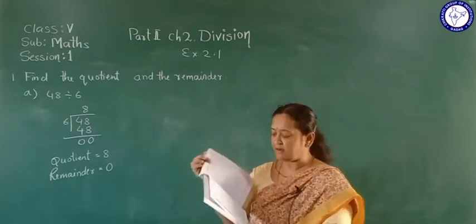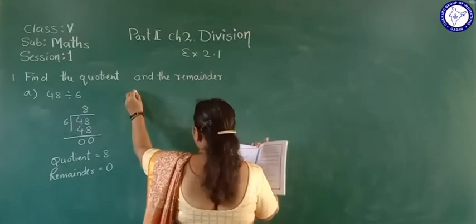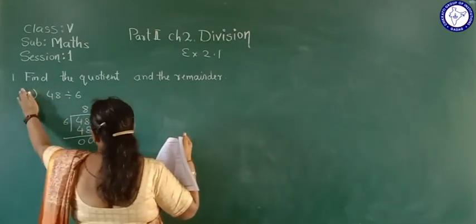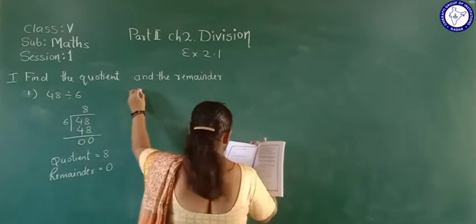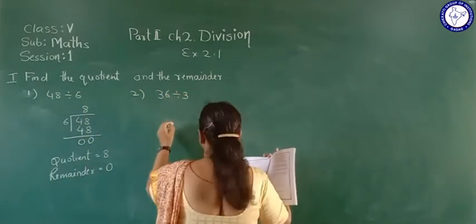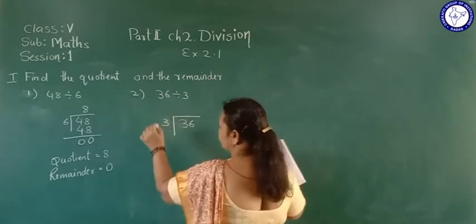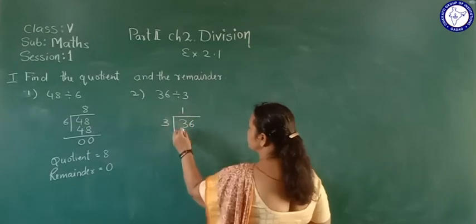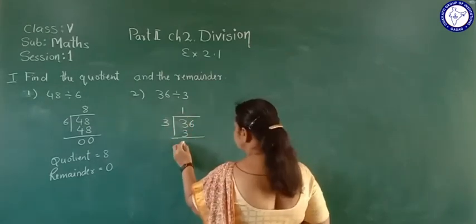Now the next question is the second one, or B. Here 1 is given, write 1. Then the second question is 36 divided by 3. When we divide 36 by 3, 3 ones are 3, so the difference is 0.